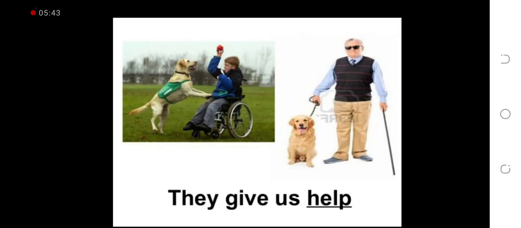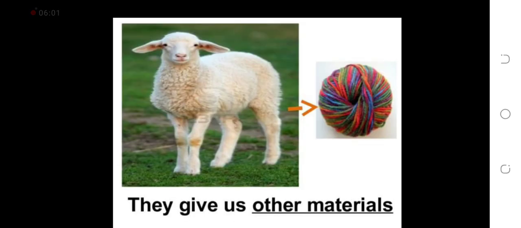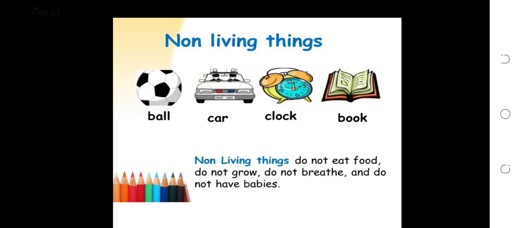They give us help as well. They give us food, such as cows give us milk, and this milk is used in different dairy items, such as making cake. They give us other materials, such as wool.